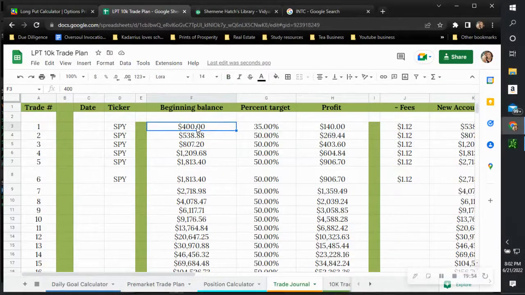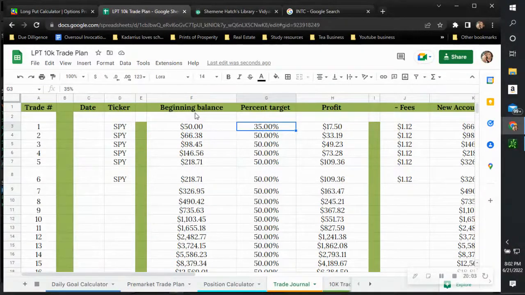Let's say you have a $50 account, like I do $50 challenges every month. I start with 50 and then I do my profit targets, which I normally get 100%.